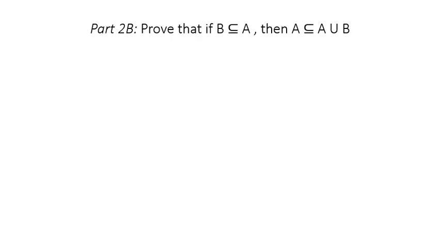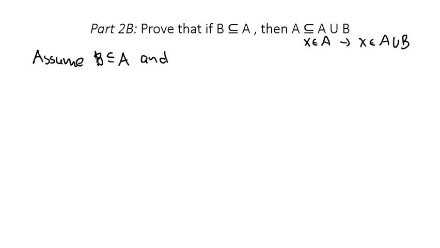Again, we want to assume that B is a subset of A, and we know that to show A is a subset of A union B, we now have to show that X is in A implies X is in A union B. So we'll assume that X is in A. This one is nice because it really doesn't use the assumption B is a subset of A at all.